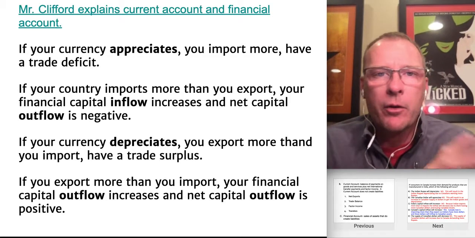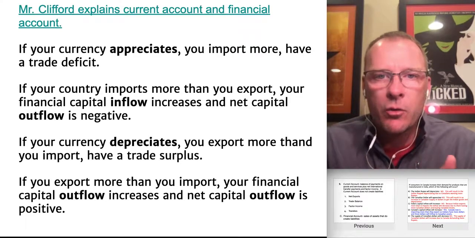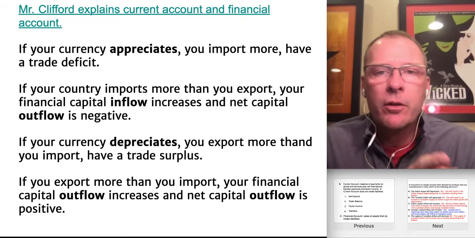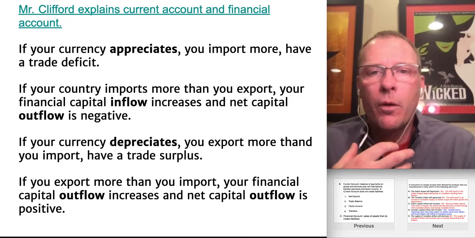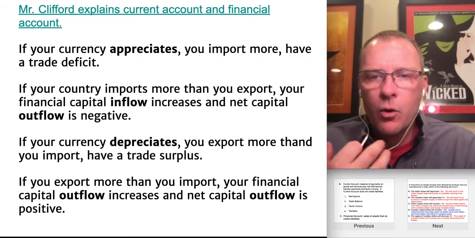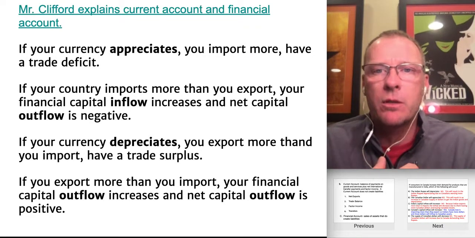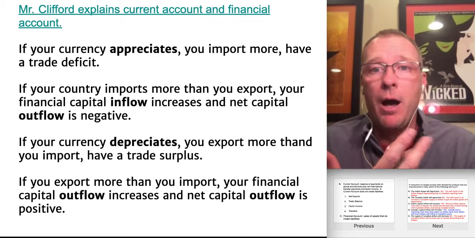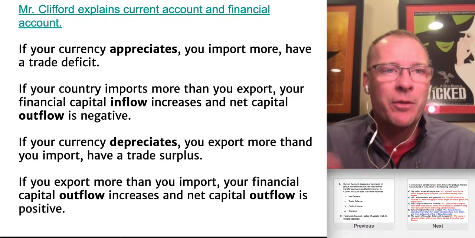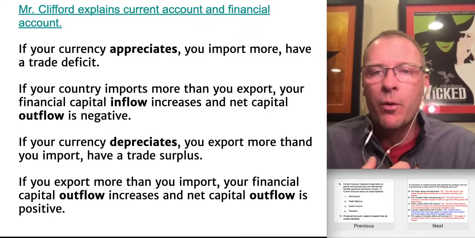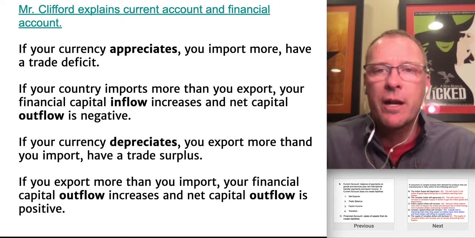But when you think about your currency in terms of appreciation or depreciation, if your currency appreciates, you're going to import more because your money is worth more. So when you look at other countries' goods, they seem relatively inexpensive to you because you're like, hey, my money is worth a lot. So then, of course, you are going to import more than you export, and the capital inflow is actually going to increase.